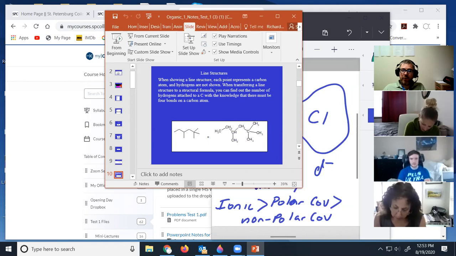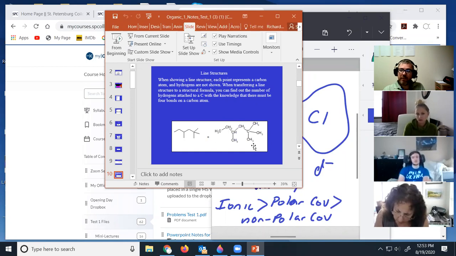It allows you to assume every single point, including these end ones here, are C's, and then there's enough hydrogens on that C to make up 4 bonds. Why is that? Carbon has 4 electrons, so it wants 4 bonds every single time to get to its octet, to get 8 electrons. That's how you've got to think about it.